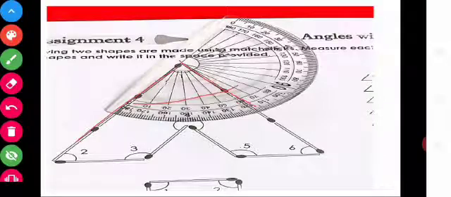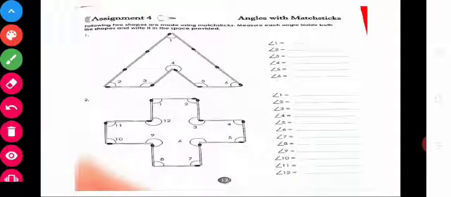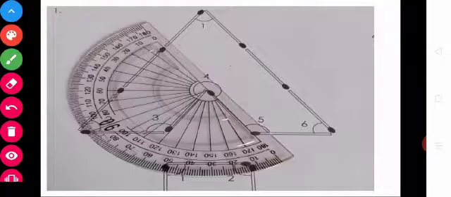How much degree is that on the inner scale? 60 degree, as the arm 1, 6 is passing through the mark 60 degree. So the measure of angle 2, 1, 6 is how much degree? 60 degree. So angle 1, how much degree is it? 60 degree.